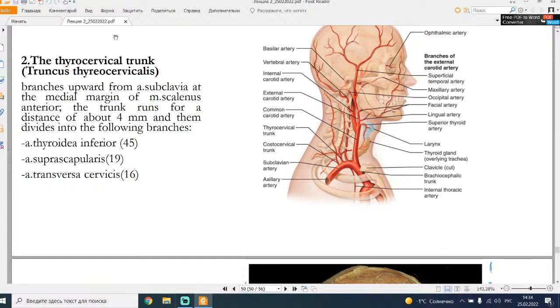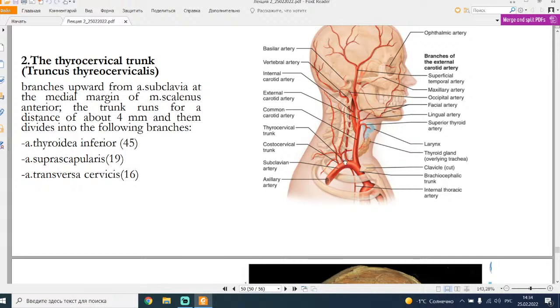Next branches of the subclavian artery. It is truncus thyrocervicalis. Truncus thyrocervicalis branches upward from the artery subclavia at the medial margin of musculus scalenus anterior.